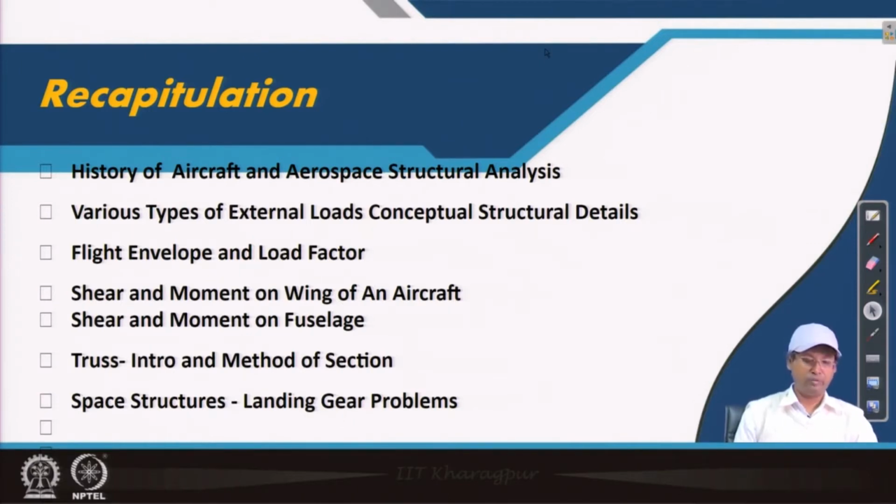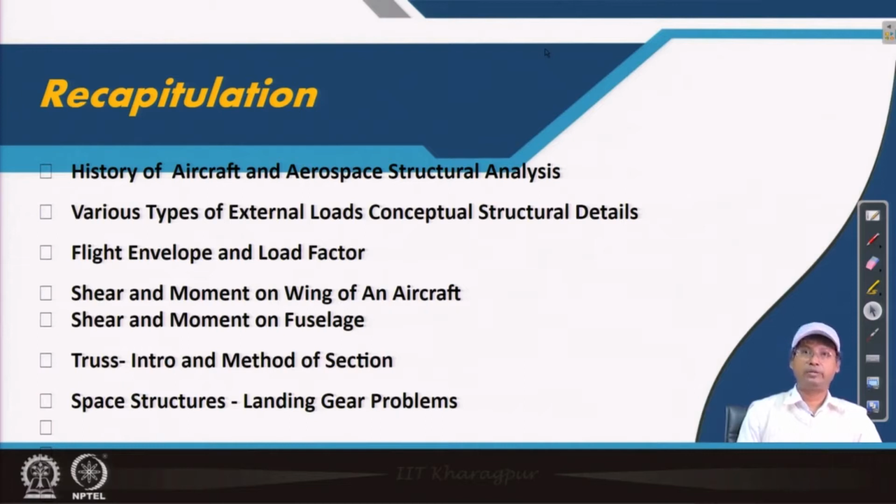Introduction as a recapitulation, what we have already done: we have learned some history, how the structures are, and to some extent the fabrication details of aircraft structures. We have learned how load comes into the structure, and what is load factor, ultimate load, limit load, all those things. We have solved problems of how the wing experiences bending moment and shear force, as well as how the fuselage experiences bending moment and shear force.